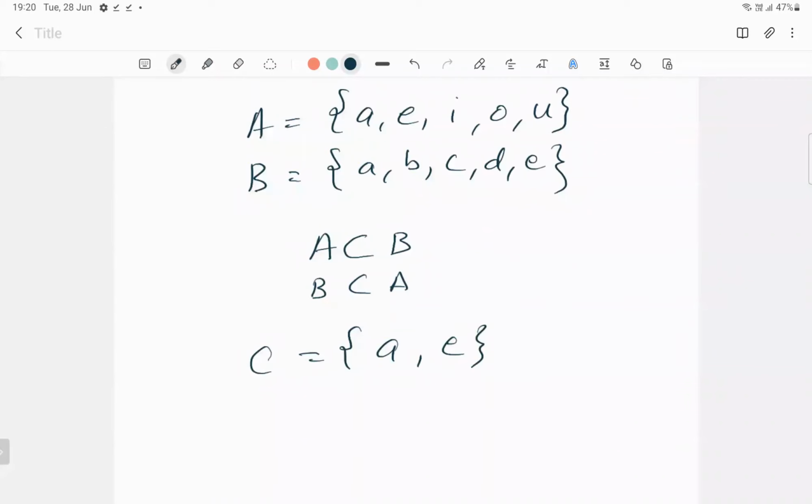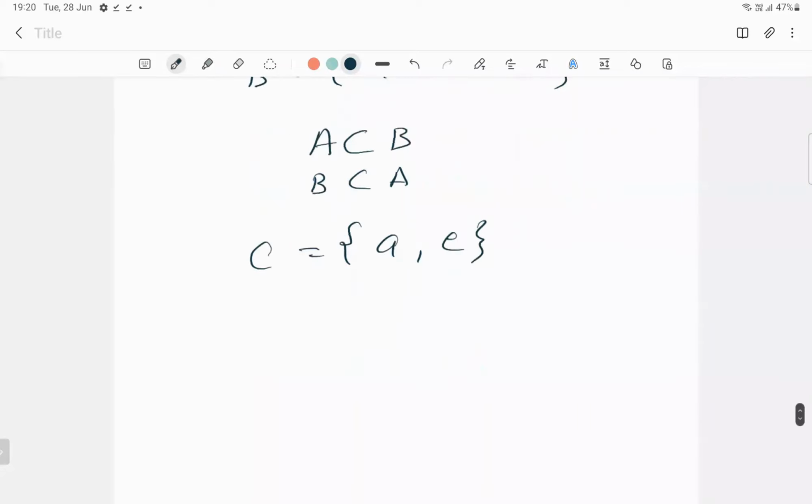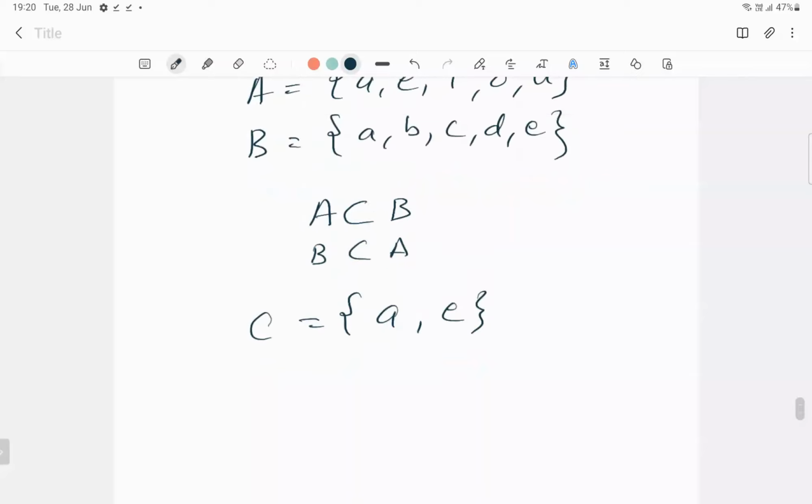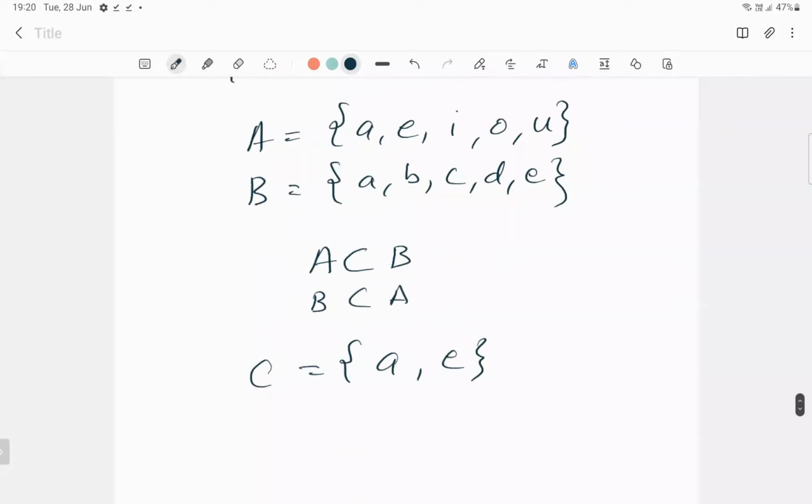A and E. Now you see A and E are there in both. So C is a subset of B as well as A. You are getting the meaning of subset? Yes. All the elements of C are present in A as well as in B. So C is a subset of A.